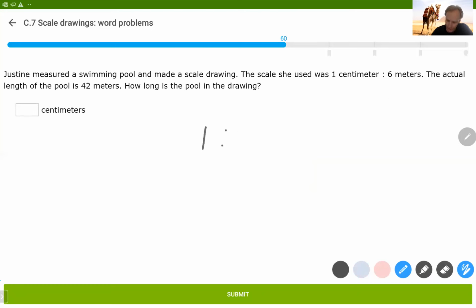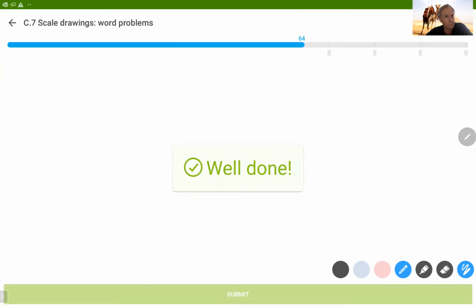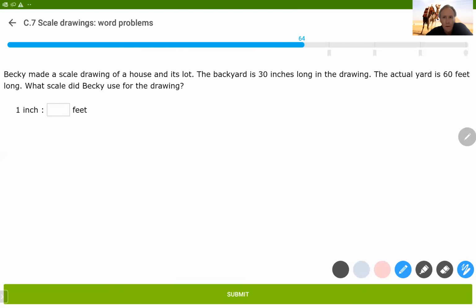Oh, I can do it here. 42 meters. I multiplied by 7, so we're talking about 7 centimeters. 30 inches to 60 feet can be reduced. Since we have 30 inches to 60 feet, we divide by 30 and we get 1 to 2.